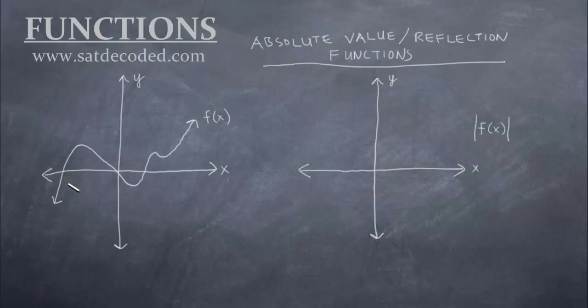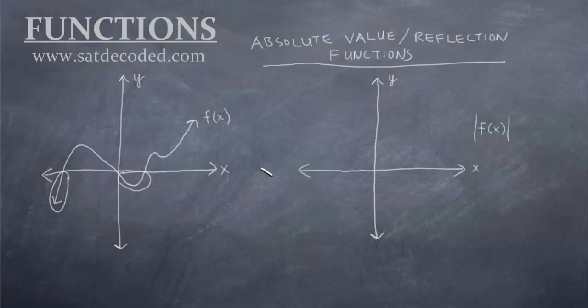So let's locate the areas that have negative portions for the y value, which is this part and this part. Notice how this bump right here and this curve right here are above the x-axis, which means this part and this part have positive y values, or again, at least 0 y values at these 3 points.